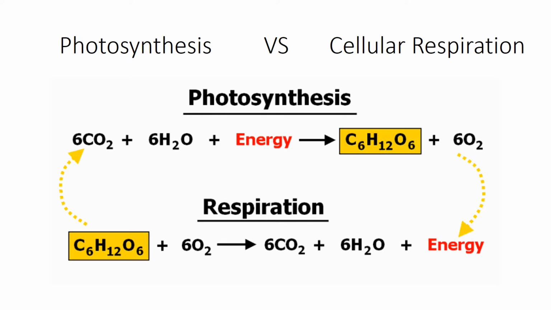We breathe out carbon dioxide. There's your CO2. And water. We breathe out water too. We sweat it out also. You know that you breathe out water because if you breathe on a window, you can see the condensation. And as a product, we also make this vital energy called ATP. So this is very, very important.